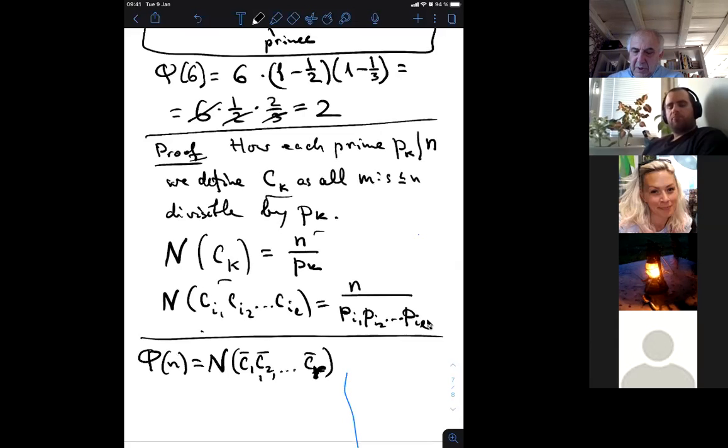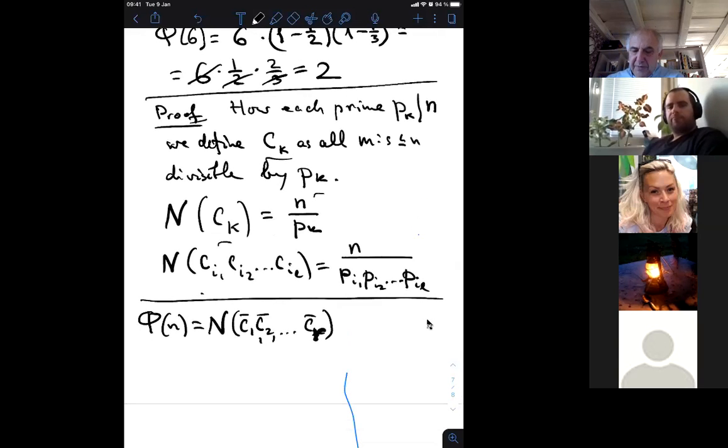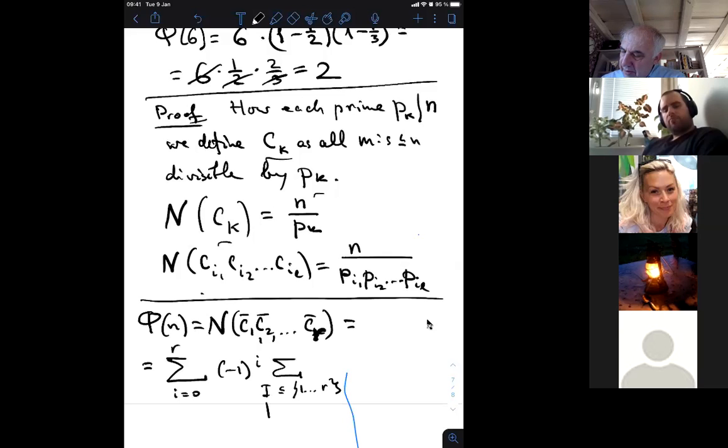So by the formula which we had before, this would be the alternating sum over i from 0 to r, (-1) to the power i. And now the cardinality of the corresponding set, which would be the sum over all index sets from 1 to r, the number of elements in this set is i.